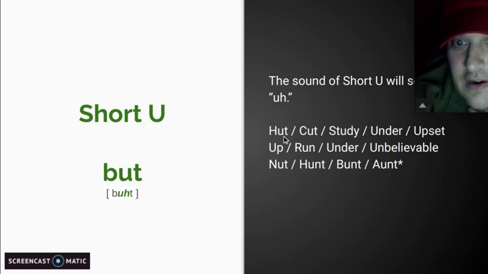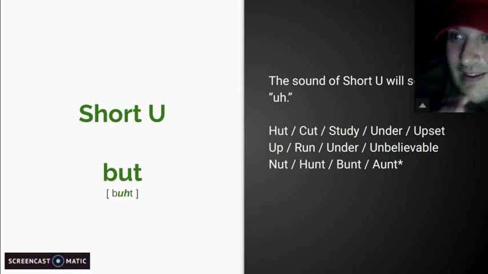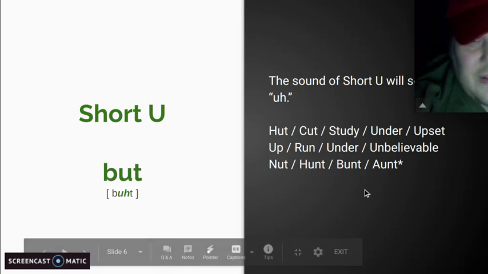And we apply that here: hut, cut, study, under, upset, up, run, under, unbelievable, nut, hunt, bunt. Now here, you may hear aunt or you may hear aunt, okay? It depends on where you are. Some people have different pronunciation of that word, okay?